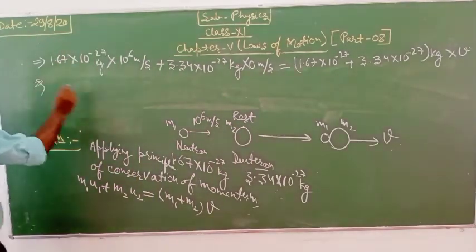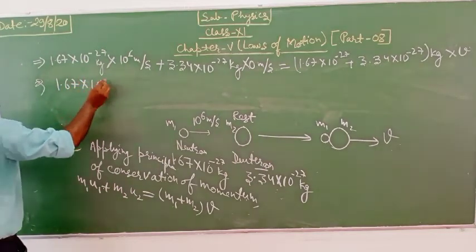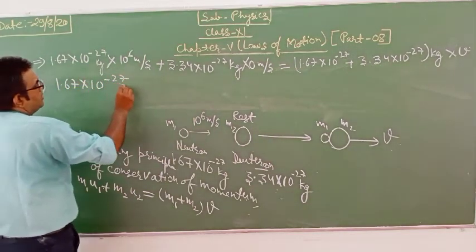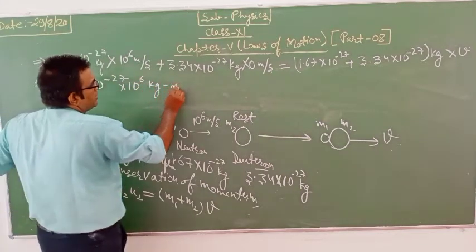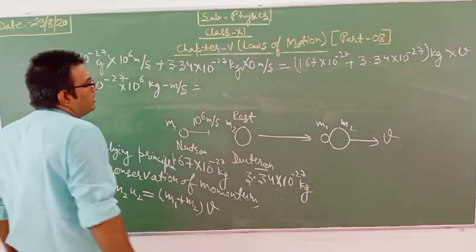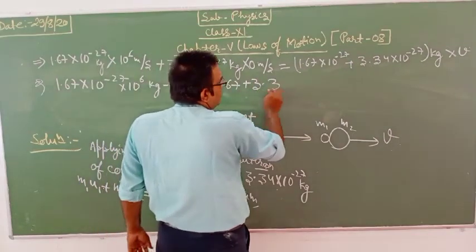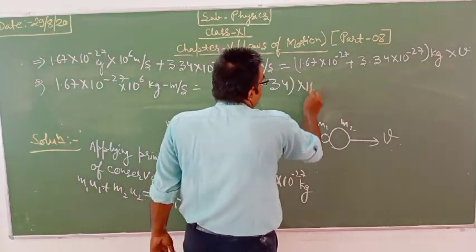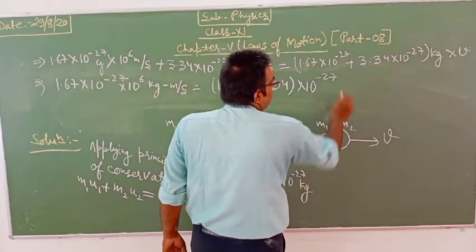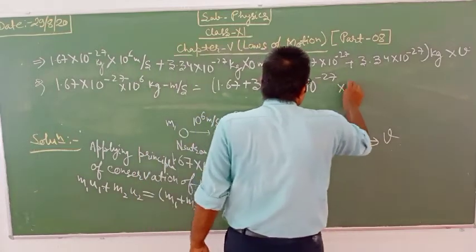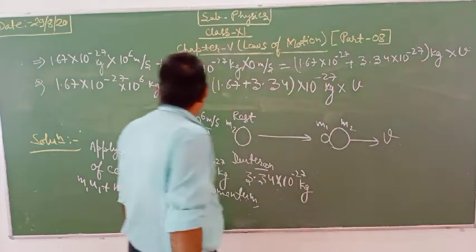So the second term gives 0, and we get 1.67 into 10 to the power minus 27 into 10 to the power 6 kg meter per second on the left, and on the right 1.67 plus 3.34 into 10 to the power minus 27 into v.